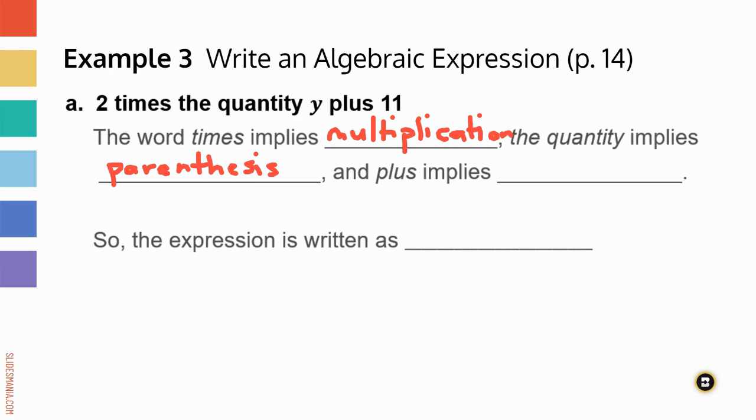And plus implies addition. So the expression is written as 2 times the quantity. Now you can put a little dot in between for times, but you don't need to. So we have parentheses, y plus 11, and then close the parentheses.